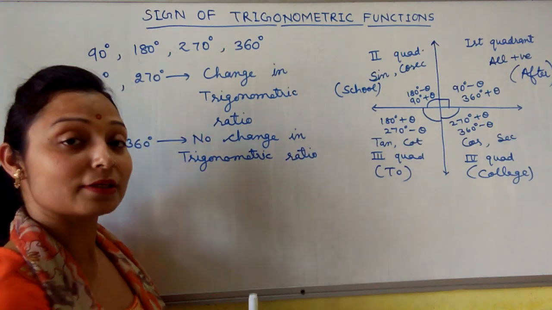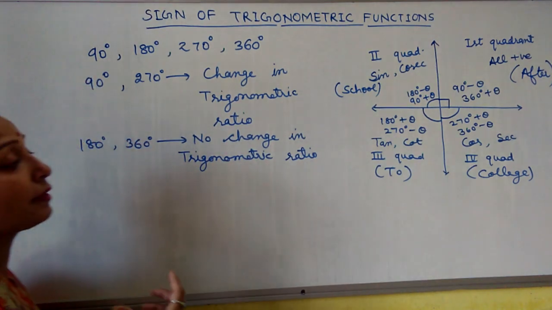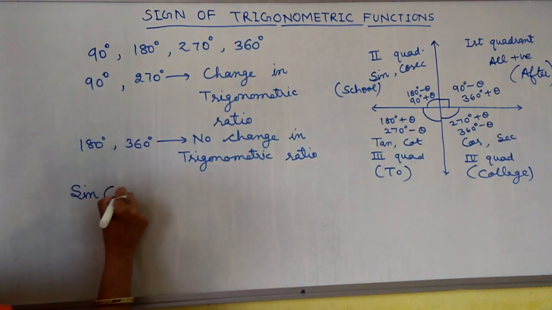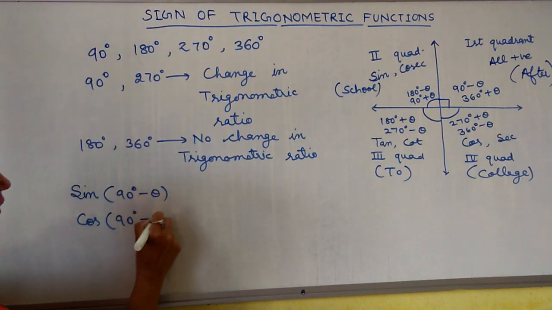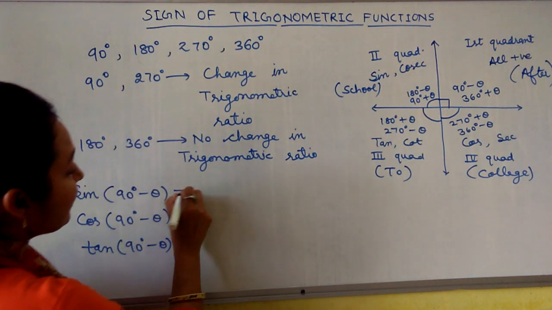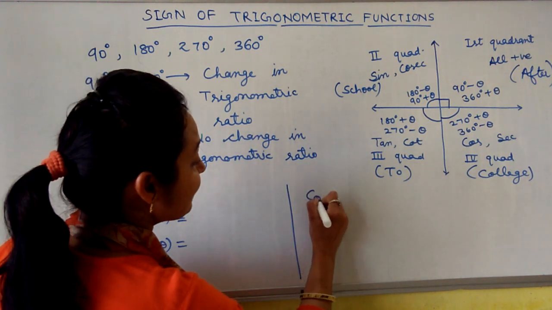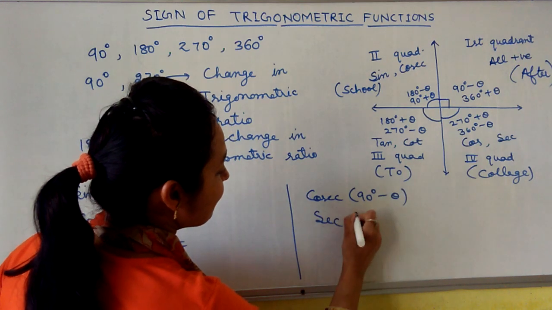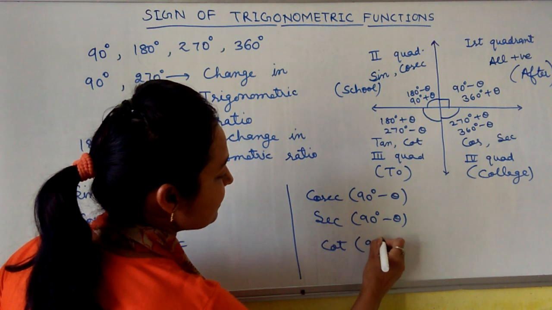Okay, so let's go to the main concept which we have to keep in mind for the standard angles. You have all done sin 90 minus theta, cos 90 minus theta, tan 90 minus theta, and the other three are cosec 90 minus theta, sec 90 minus theta, and cot 90 minus theta.